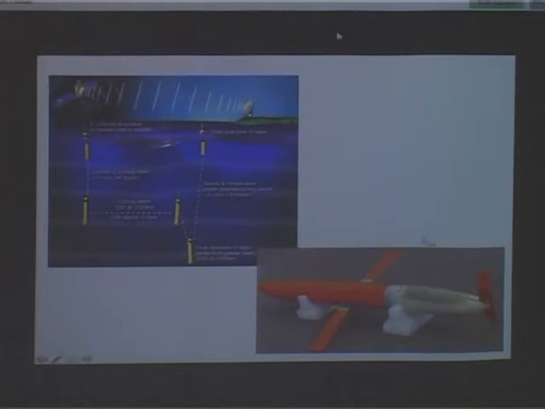This is a picture of a glider, which is the most modern device. Those are the ones that are really being touted right now and used extensively. They're slightly different.